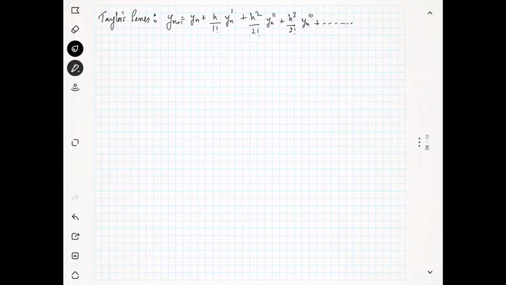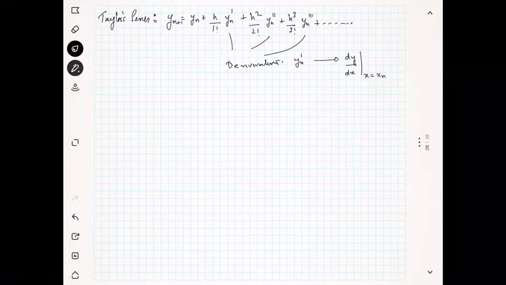These are all the derivatives. And you know yn dash: yn dash is nothing but dy by dx at x equal to xn, which is nothing but your differential equation. We will solve a problem, then it will be very clear to you.